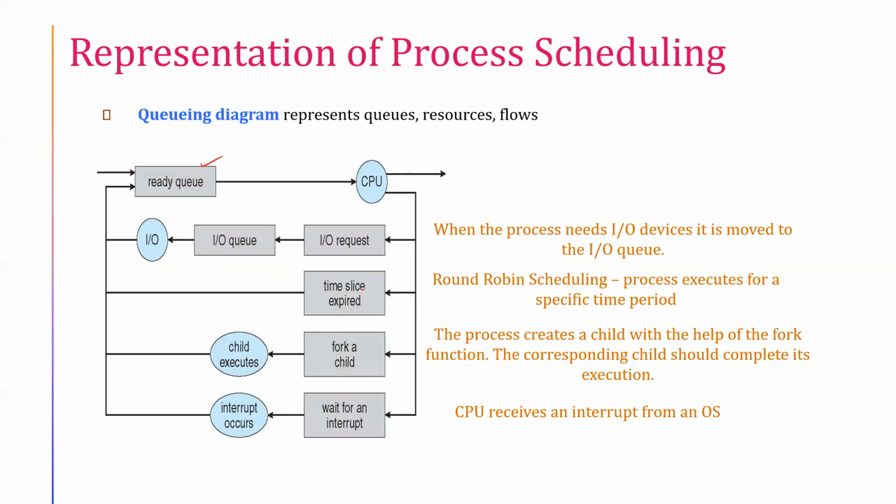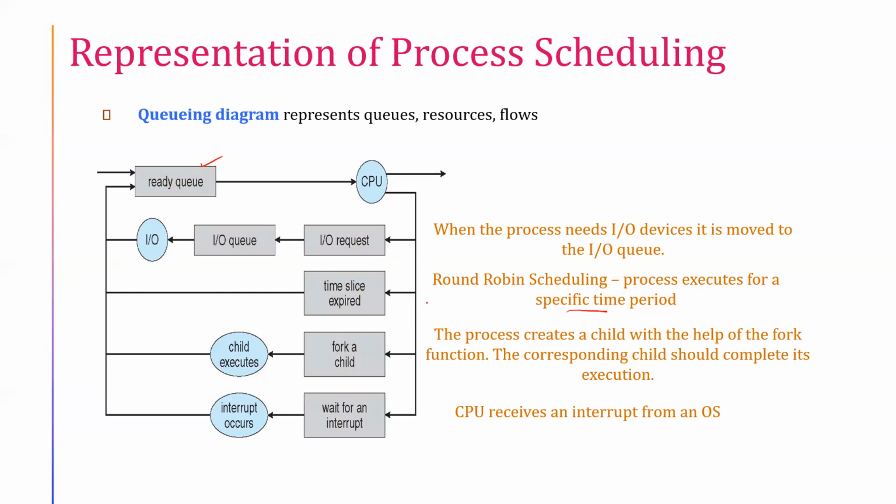When that particular time slice expires, it has to move that particular process to the ready queue. So whenever I'm using the round robin scheduling, the process executes for a specific time period. After that time period, it will come out of the CPU and be moved to the ready queue. We'll be seeing about the round robin scheduling in the forthcoming lectures.